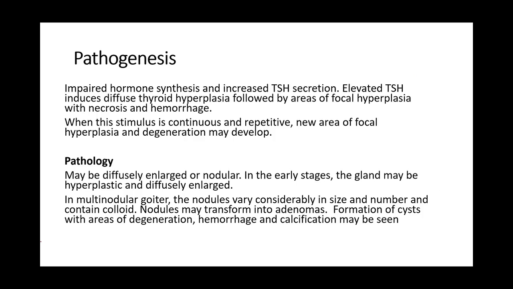Elevated TSH induces diffuse thyroid hyperplasia, followed by areas of focal hyperplasia with necrosis and hemorrhage. So there's persistent stimulation of the gland to produce hormone. However, the substrate to produce this hormone is deficient. So more and more colloid will be produced and the hormones are not produced.